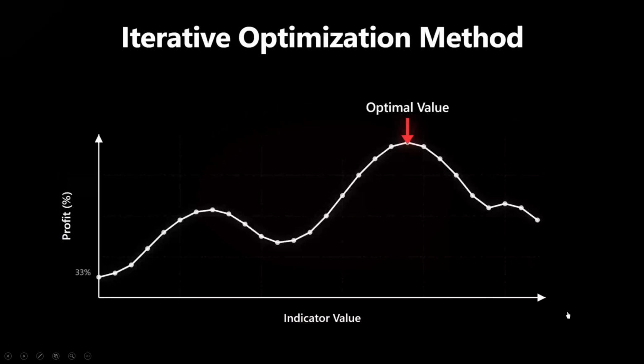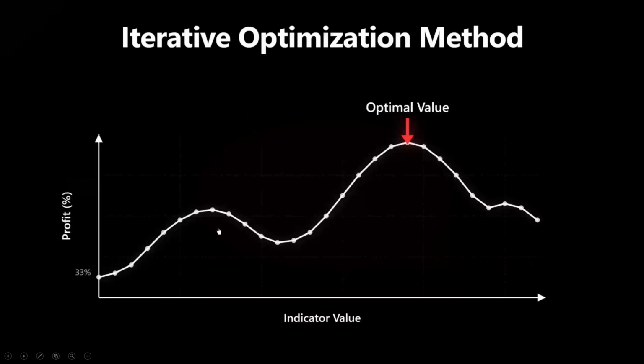On the y-axis, we have profit in percent. Each dot on this line represents a value of the parameter that we are optimizing, and also the corresponding profit that the backtest is going to give us based on the selected indicator value.